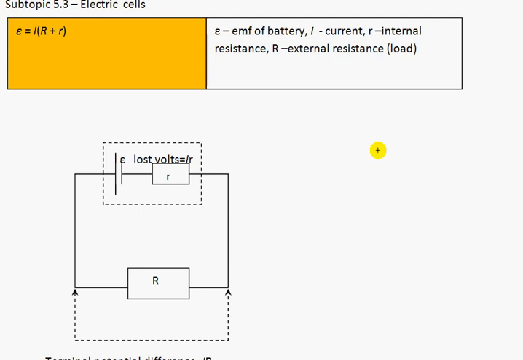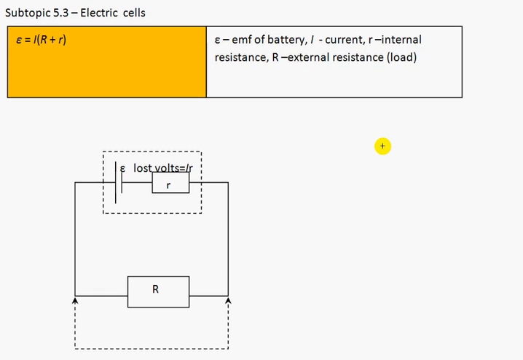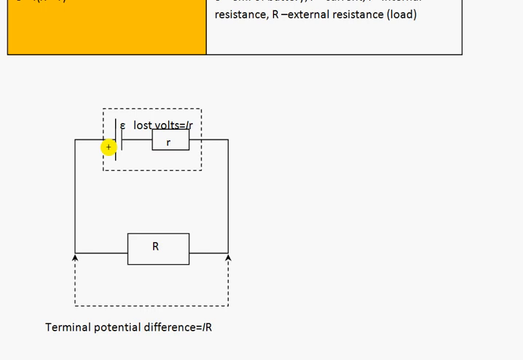Electric cells. Electric cells have internal resistance, and EMF equals sum of potential difference on all resistances. So the simplest picture of the circuit looks like this.